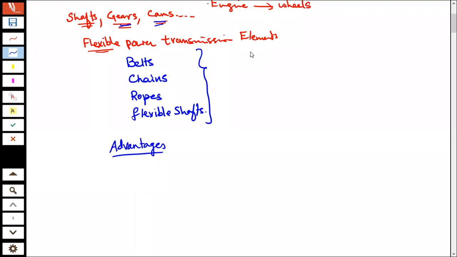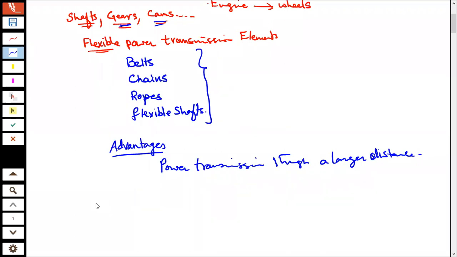But if you want to transmit power through a longer or larger distance, then you would need flexible power transmission elements. So generally, they are used for power transmission through a larger distance.